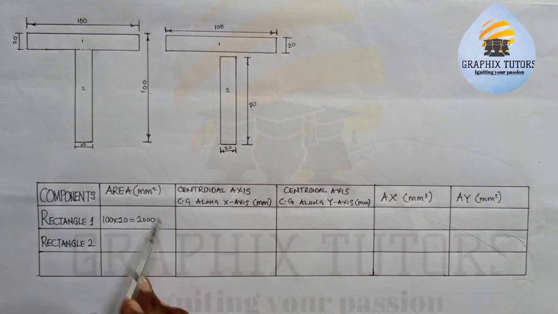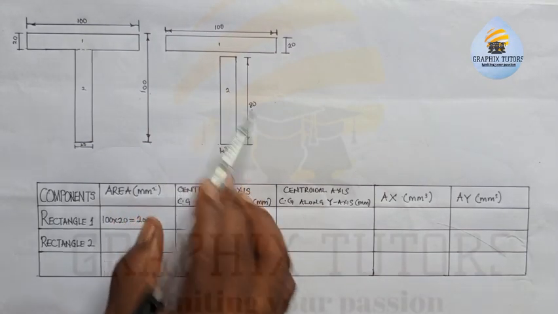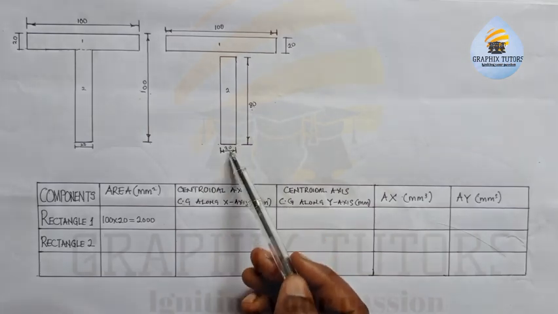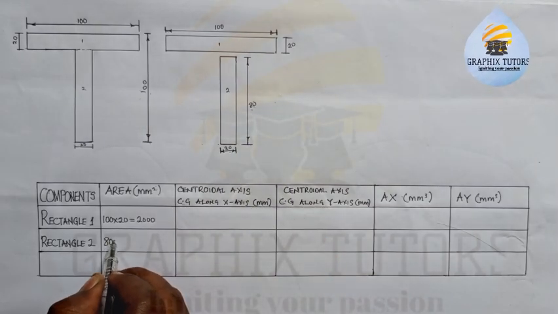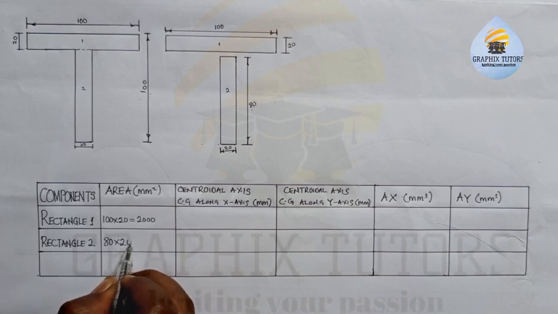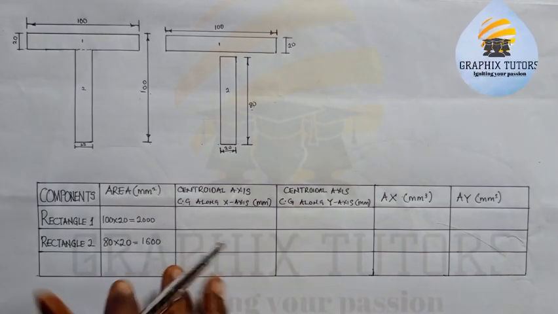I don't have to write it because it's already here. And the area of figure 2 is given as 80 times 20, and that will give us 1600 millimeter square. Now we're done with the area.